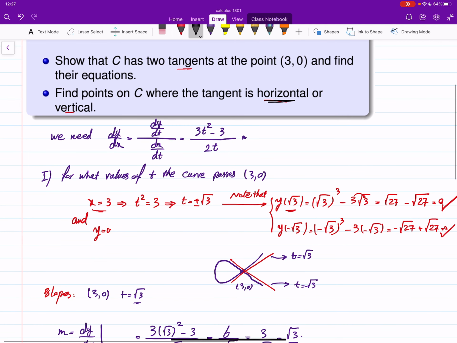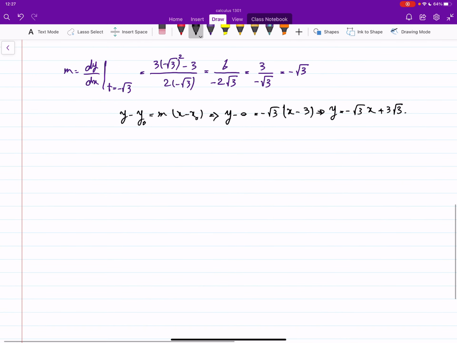It says find the points at which the tangent line is horizontal or vertical. Okay, so a horizontal tangent means that dy/dx is equal to 0.